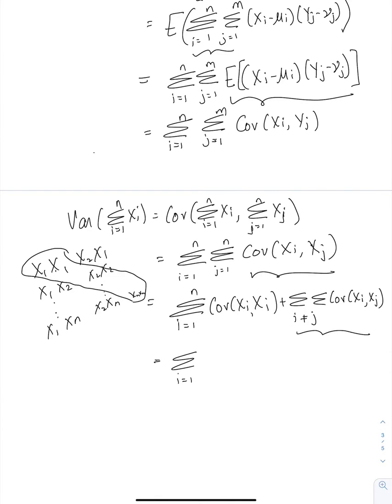You can think of this as, when you look at this grid, you have x2, x1 here and x1, x2 over here.